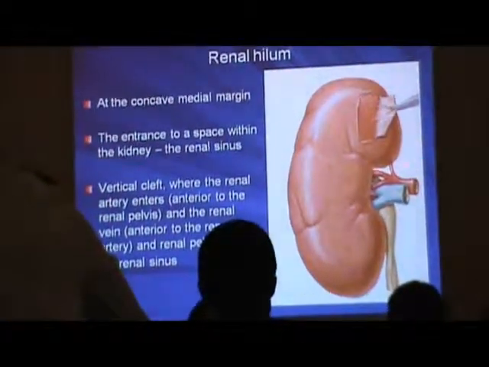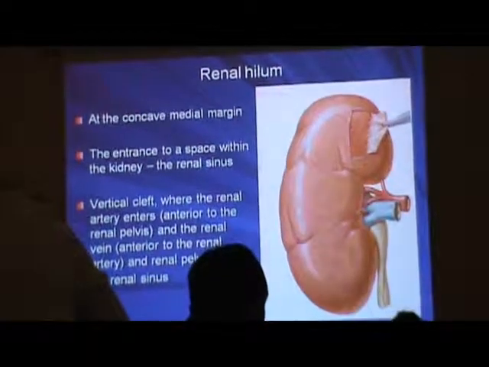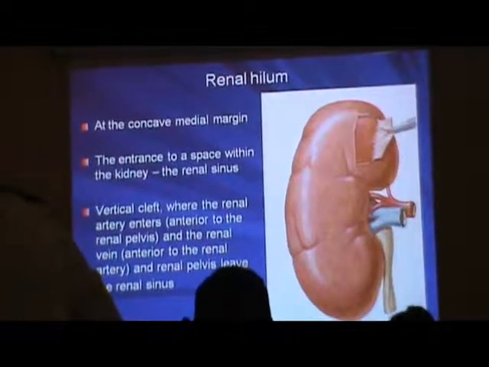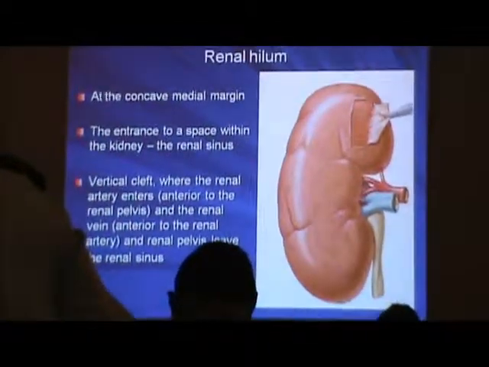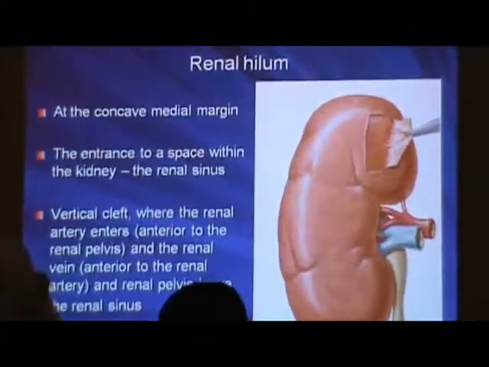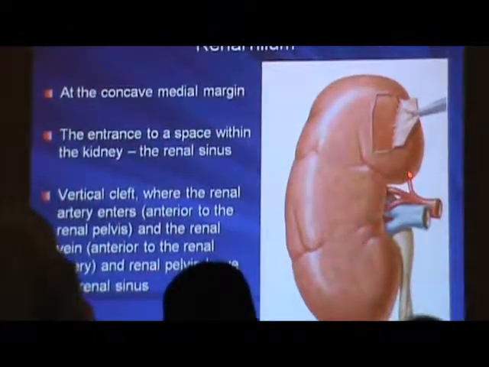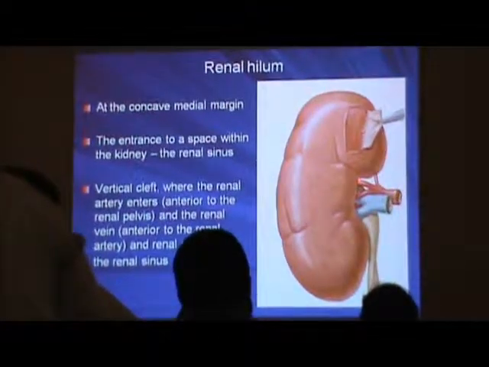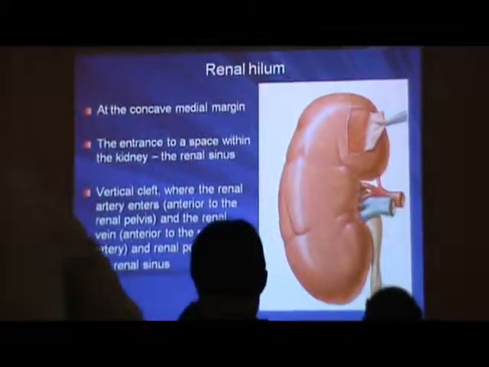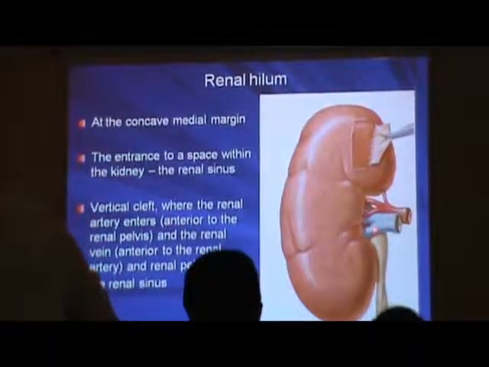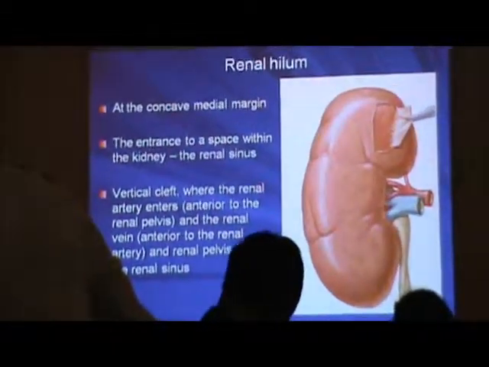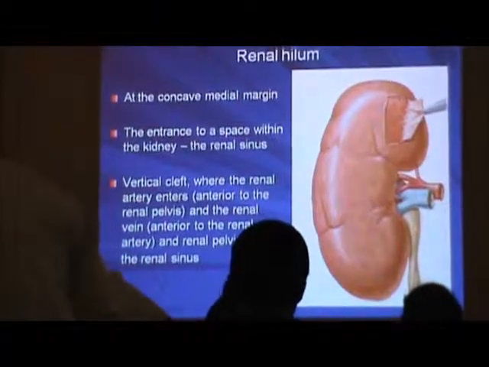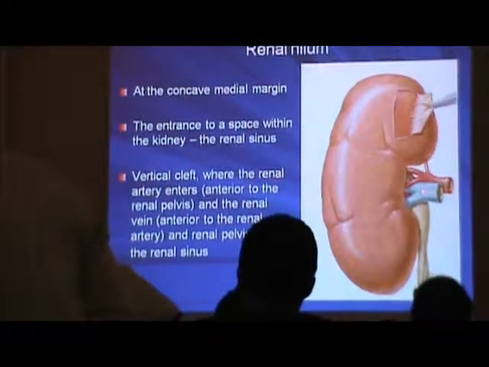The renal hilum is located at the concave medial margin. It's the entrance to a space within the kidney, the renal sinus. The renal hilum is a vertical cleft where the renal artery enters, the renal vein leaves, and the renal pelvis, which changes into the ureter, leaves the renal sinus.